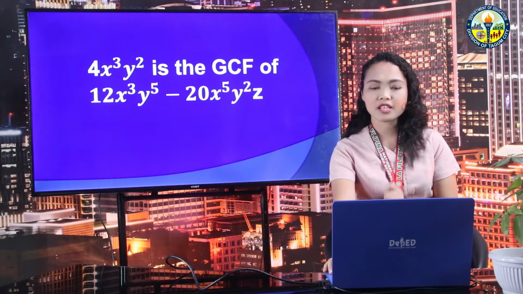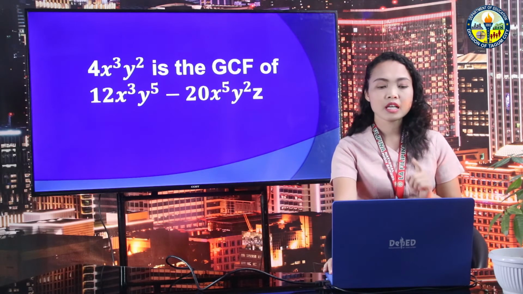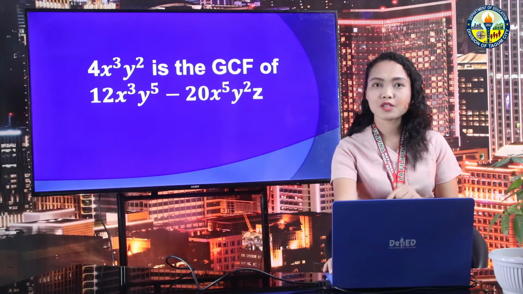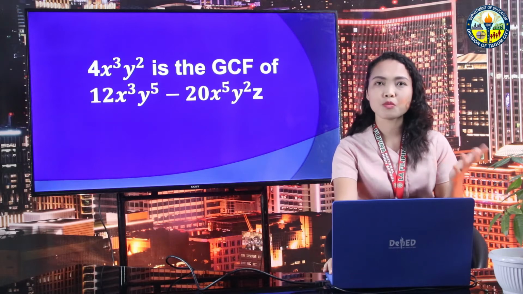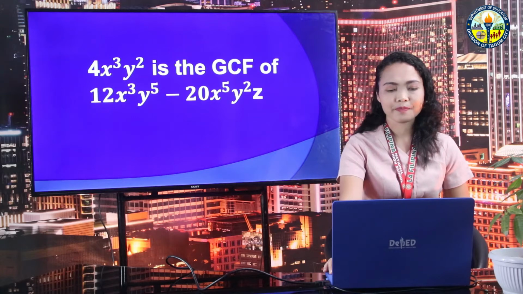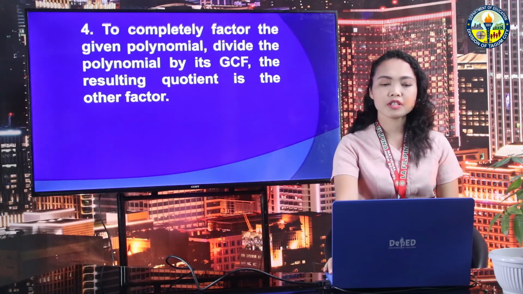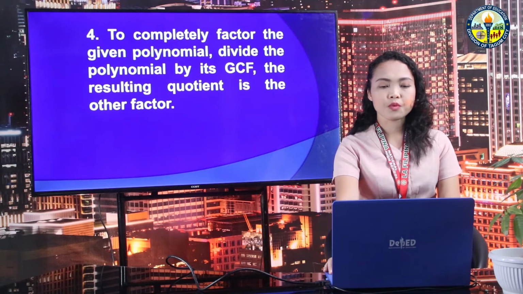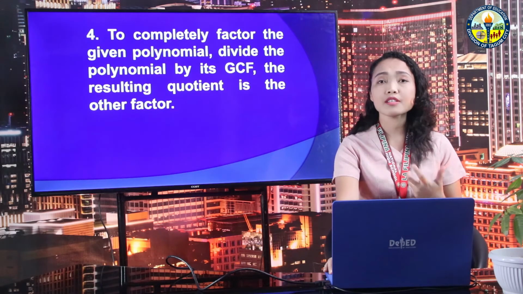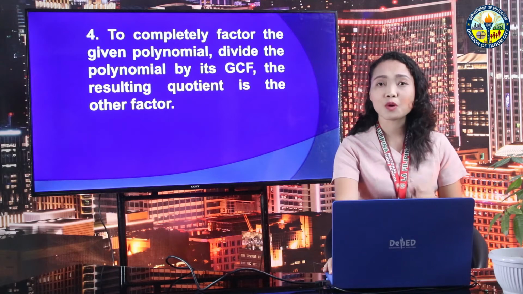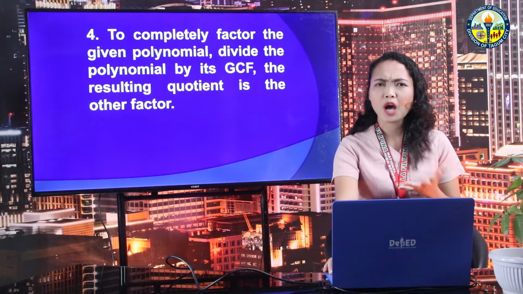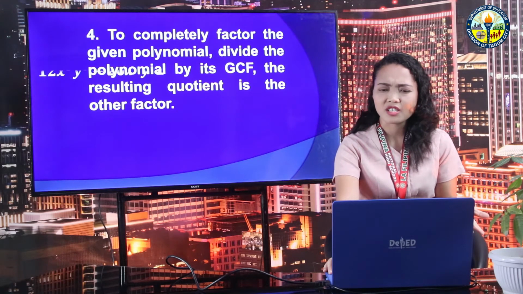Therefore, the GCF of the polynomial is 4x cubed y squared, because we're going to multiply 4 and x cubed y squared. To completely factor the given polynomial, we're going to divide the polynomial by its GCF and the resulting quotient is the other factor. Now, how to divide the polynomial by its GCF?